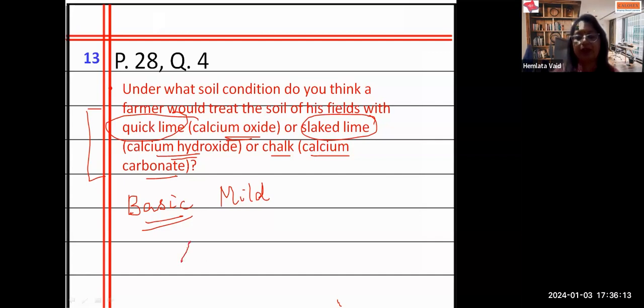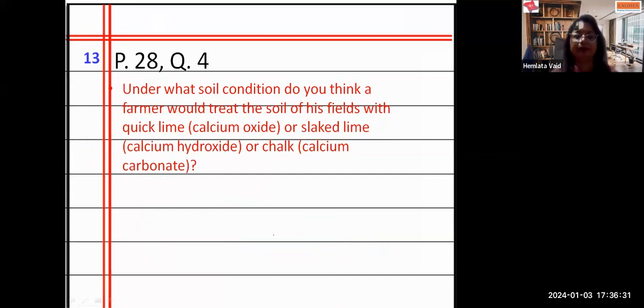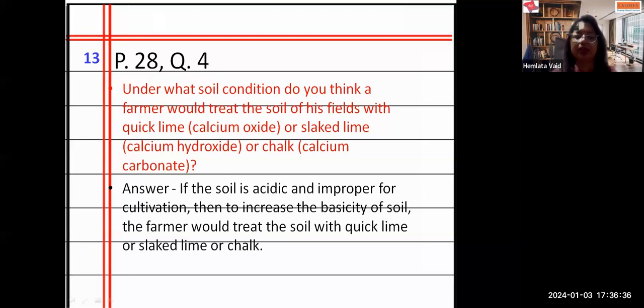If a farmer finds that the soil of his field is acidic in nature, then any of these substances are added to the soil so that the acidity can be neutralized and the soil can be prepared for agriculture, right? So if the soil is acidic, then these substances are added because they are mild bases.